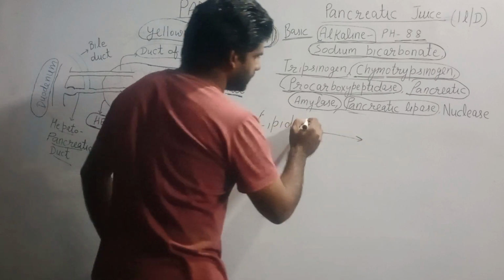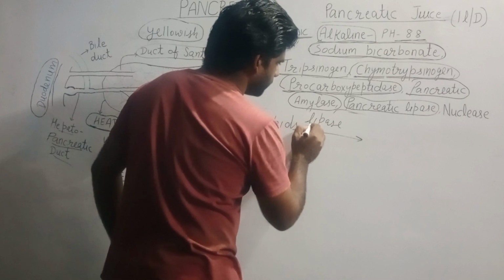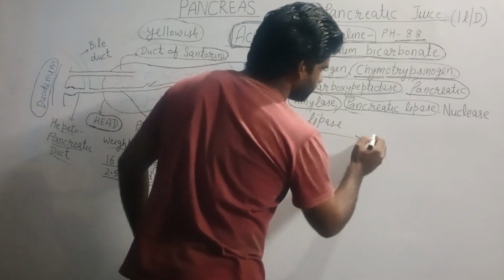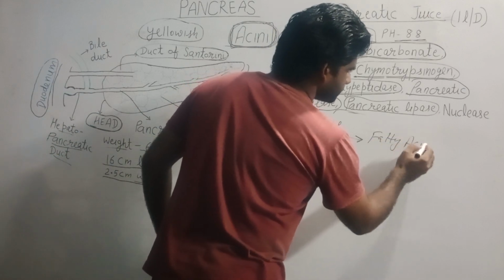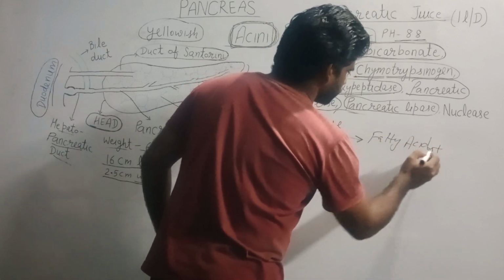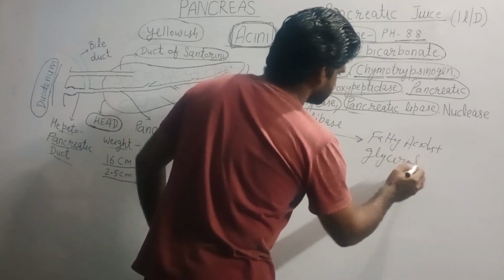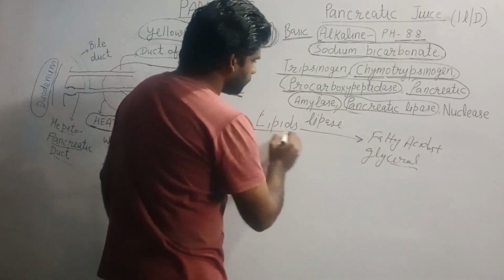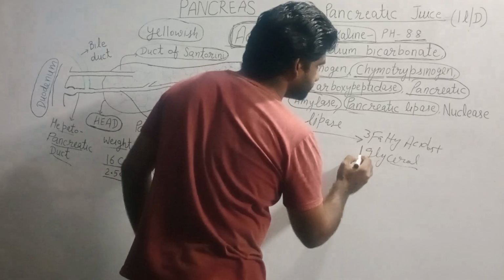Lipids are digested by pancreatic lipase, and these are converted into their basic units, which are fatty acids and glycerol. One lipid molecule gives rise to three fatty acid and one glycerol molecule.